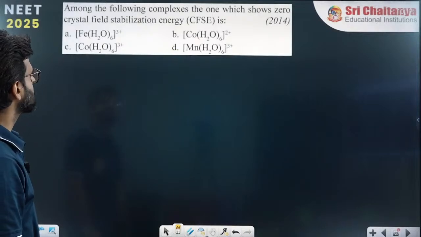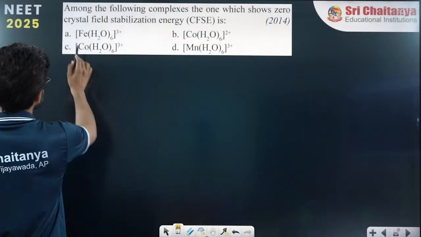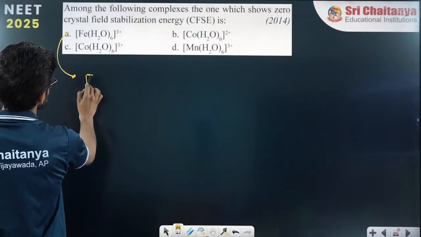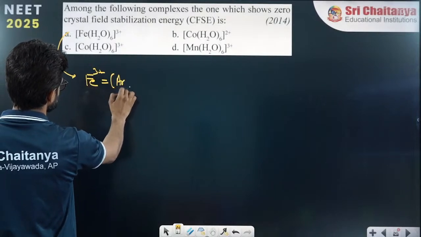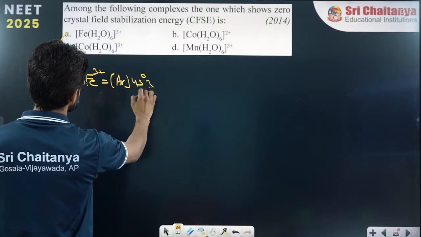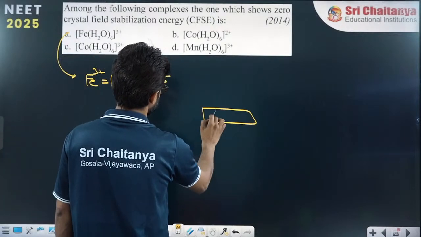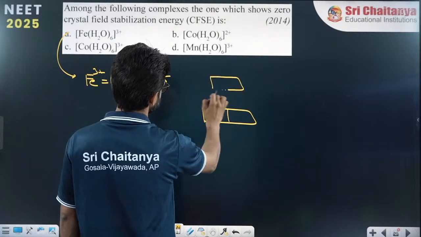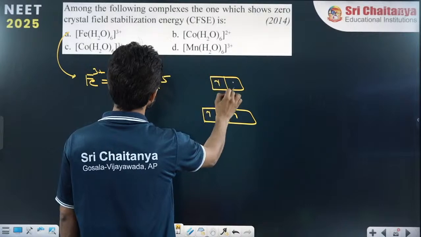Among the following complexes, which one has 0 crystal field stabilization energy? Okay, let us see. Here Fe is +3. Fe3+ means argon, 4s becomes 0 and 3d becomes 5. Water is a weak ligand here, so 1, 2, 3, 4, 5.